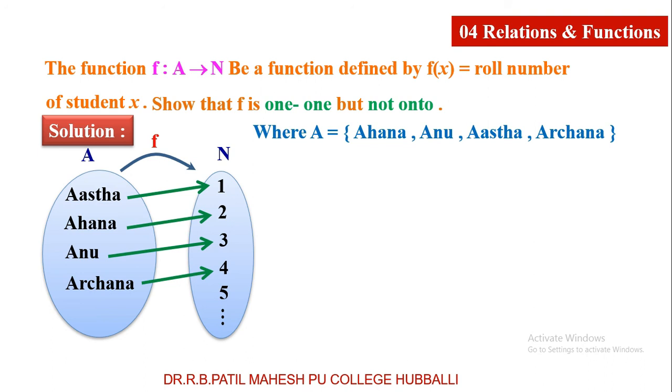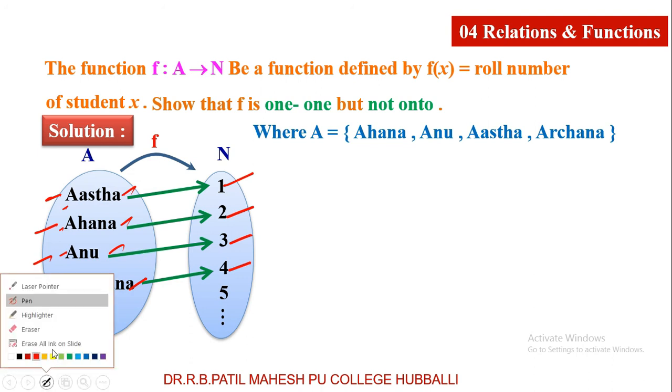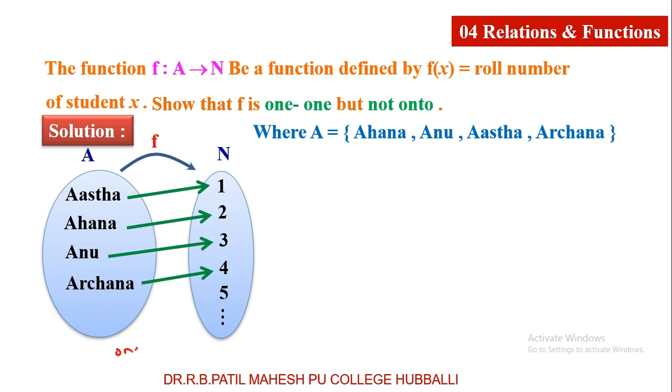It means every element of set A has a different image. No student has the same roll number. Every student has a different roll number. It means different elements of the domain have different images. Therefore, this is a 1-1 function.